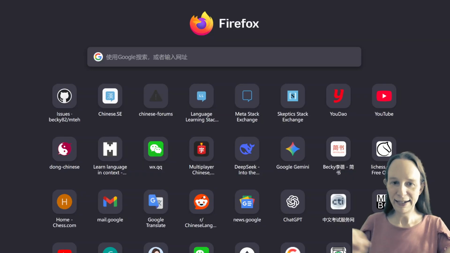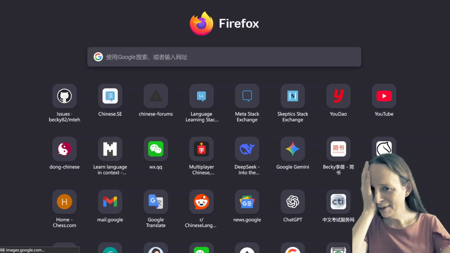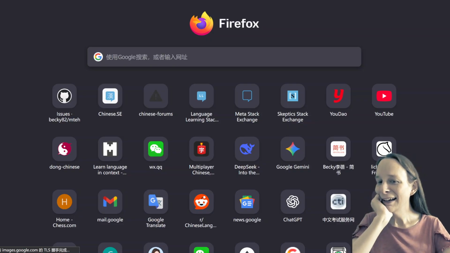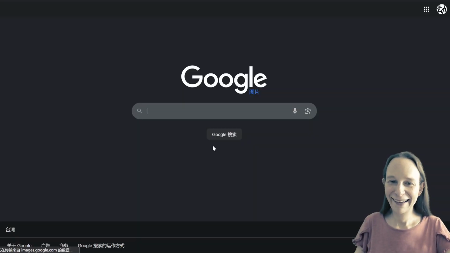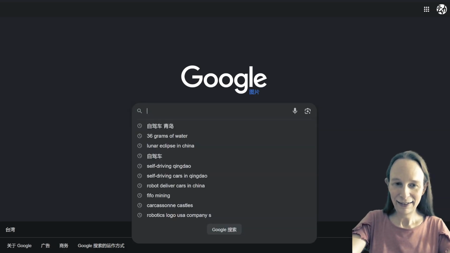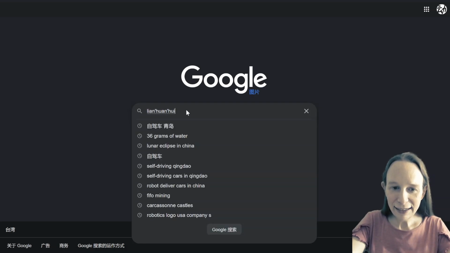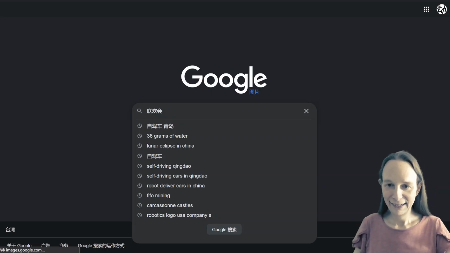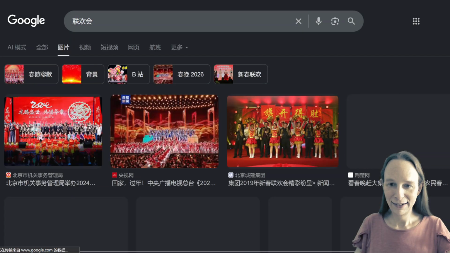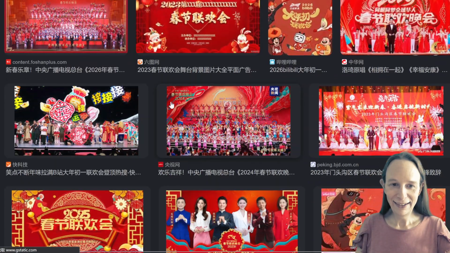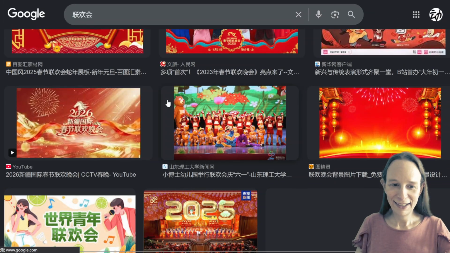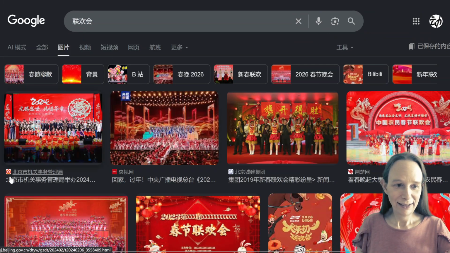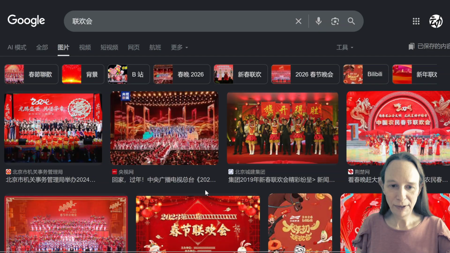But the usual one is the Chinese New Year one, right? Chinese New Year gala, where they have kung fu robots. 联欢会, right? I'm not sure. Where are the kung fu robots? 北京市机关事务管理举办 blah blah blah.